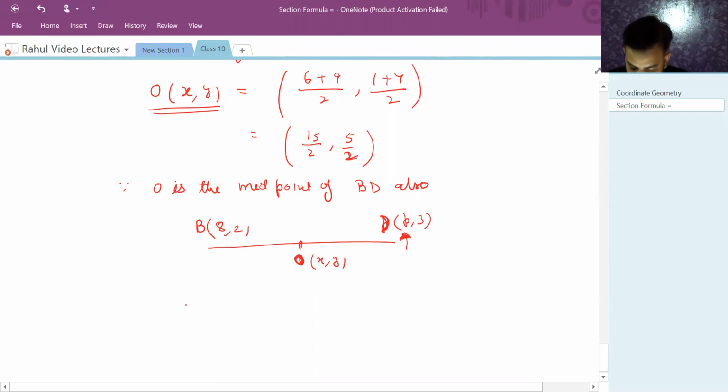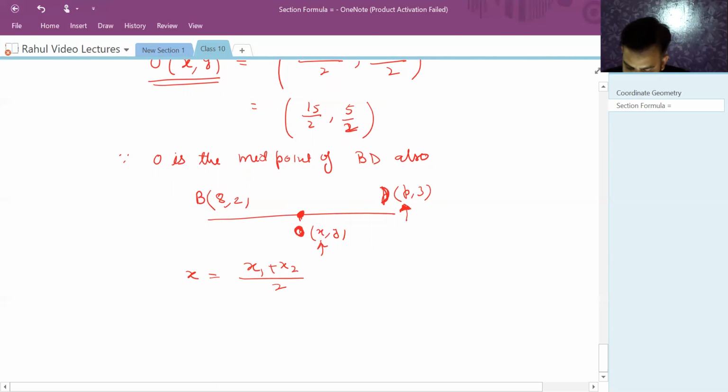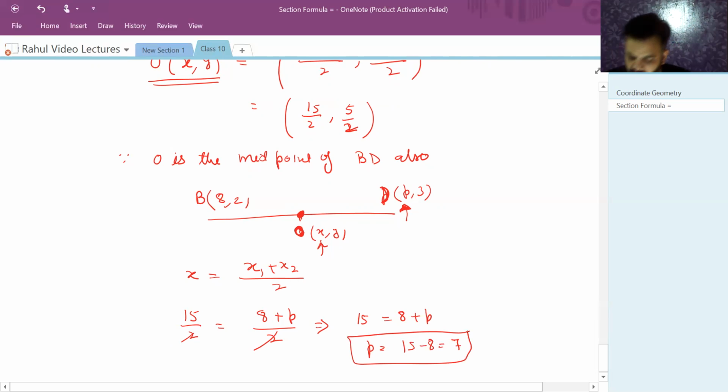You can use the formula: x will be (x1 plus x2) divided by 2, because O is the midpoint. So 15 divided by 2 equal to (8 plus p) divided by 2. So 2 and 2 cancel, that will be 15 equal to 8 plus p, then p equal to 15 minus 8 equal to 7. अभी तुम्हारे दिमाग में होगा ये x1 plus x2 डिवाइड बाई 2 क्यों ले रहे हैं?